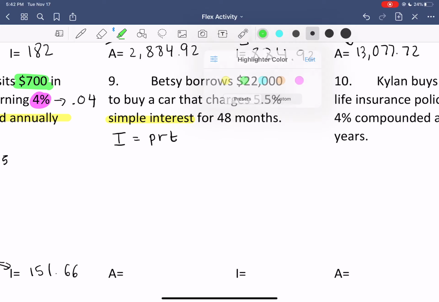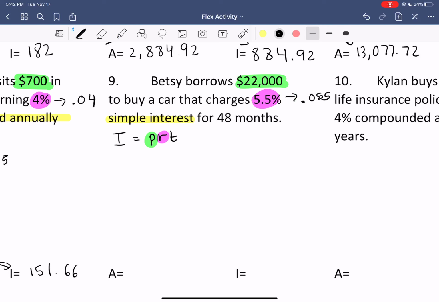We know that our principal amount is $22,000. Our rate is 5.5%, which we have to divide by 100, giving 0.055. We move that decimal place twice, dividing by 100. And our time is 48 months.